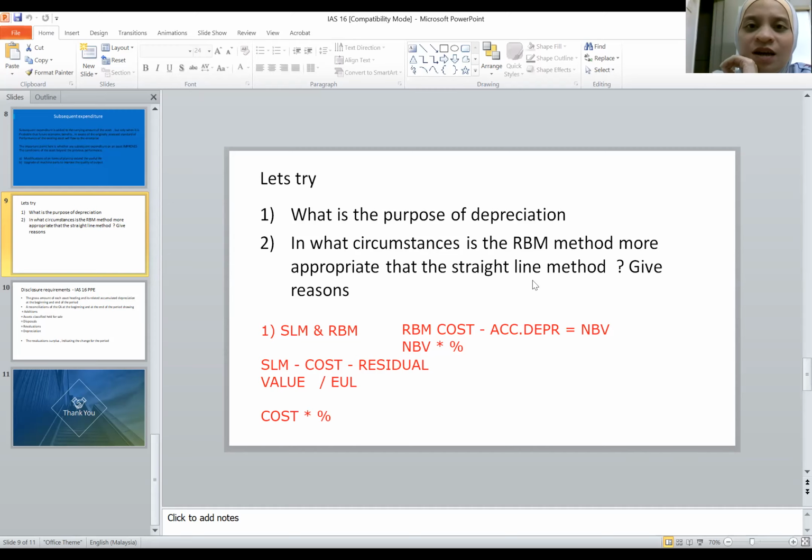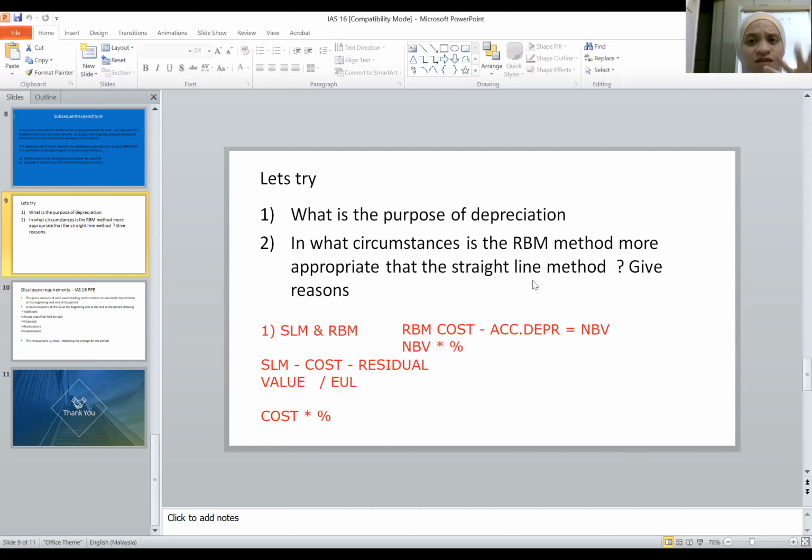Macam tu. So masa mula-mula dia power, lama-lama dia akan slow. Time asset tu still bagus, you akan guna banyak. Bila you guna banyak, depreciable amount dia agak banyak, you allocatekan banyak. So later on, dia akan slow.